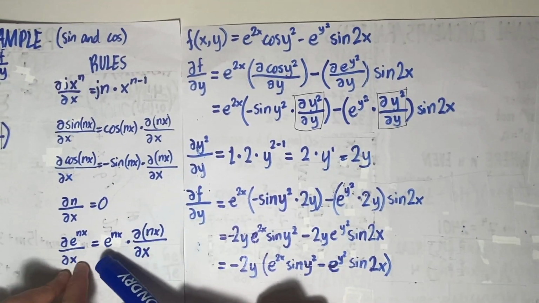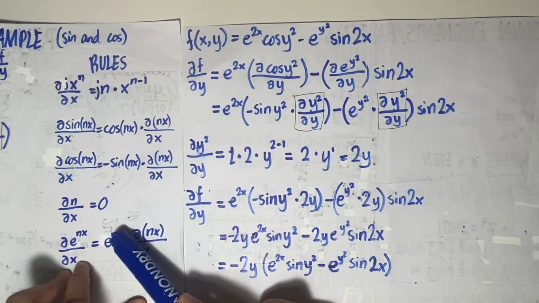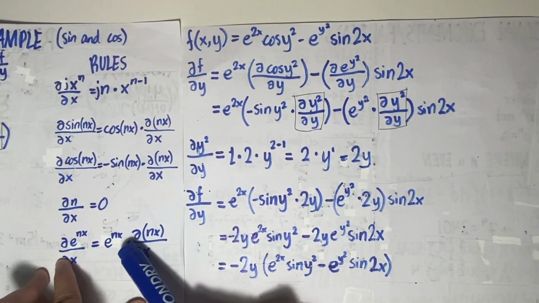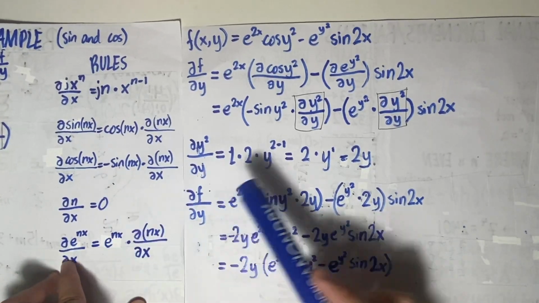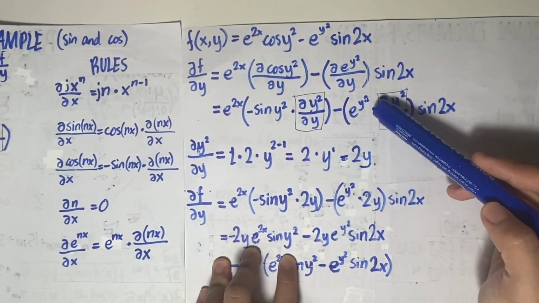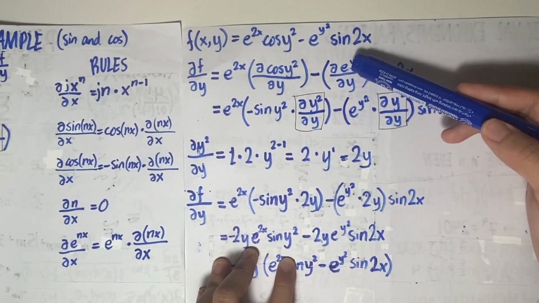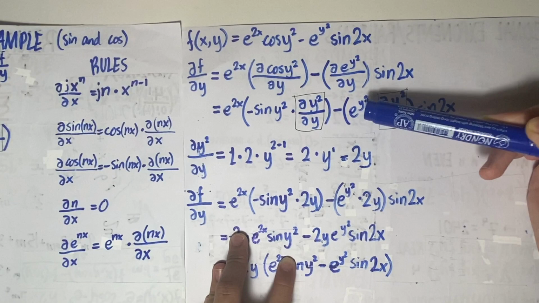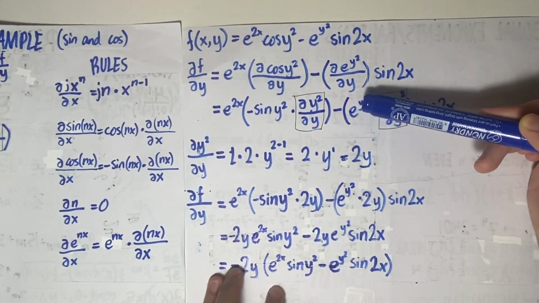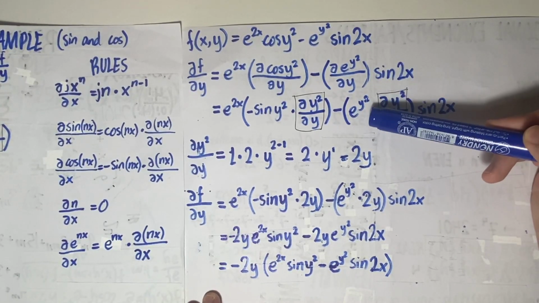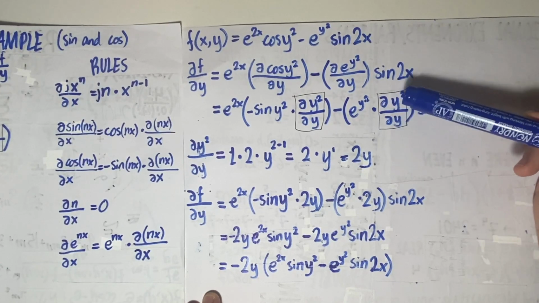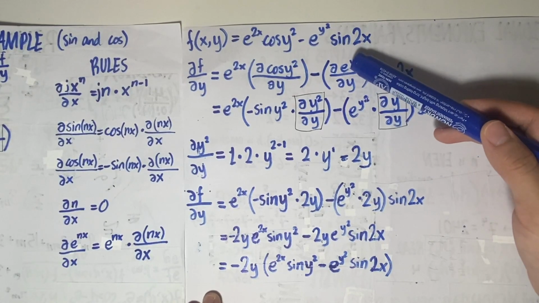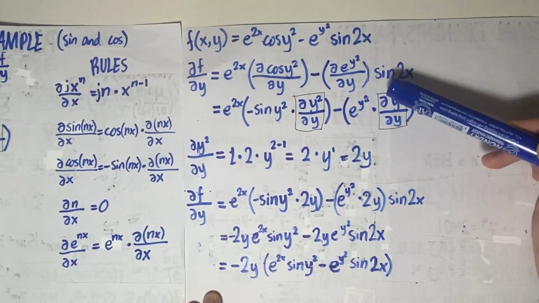So e in this rule is to the power of nx, so the derivative is equal to e to the power of nx times the derivative of nx. Applying that here, the derivative of e to the power of y to the power of 2 is equal to e to the power of y to the power of 2 times the derivative of y to the power of 2, because y to the power of 2 was the power of e.